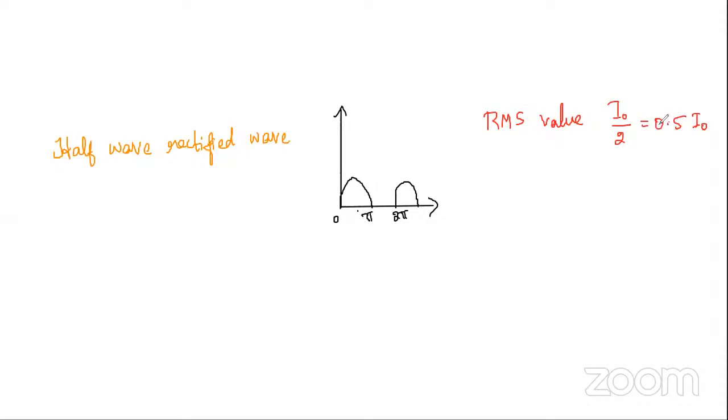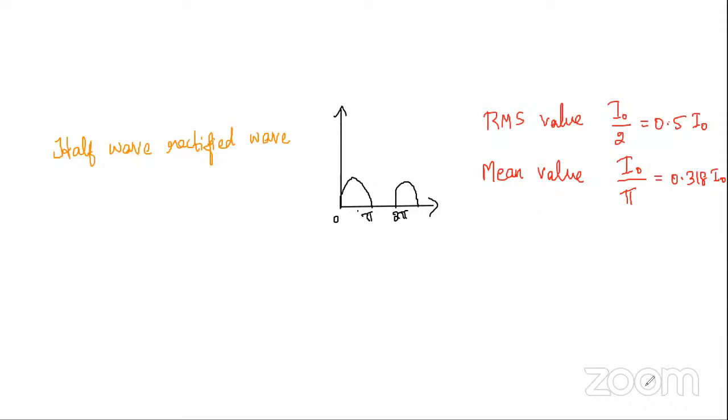And what is the average value, or mean value? The mean value is given by I naught by pi. We are not bothered about the derivation of all these things, we just have to know the values. So 0.318 I naught is the mean value for the half wave rectified wave.